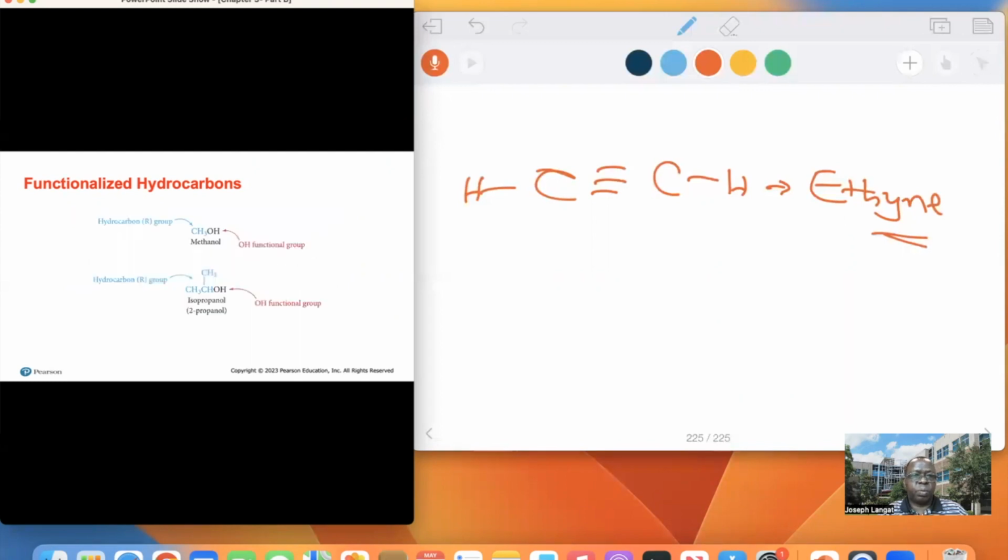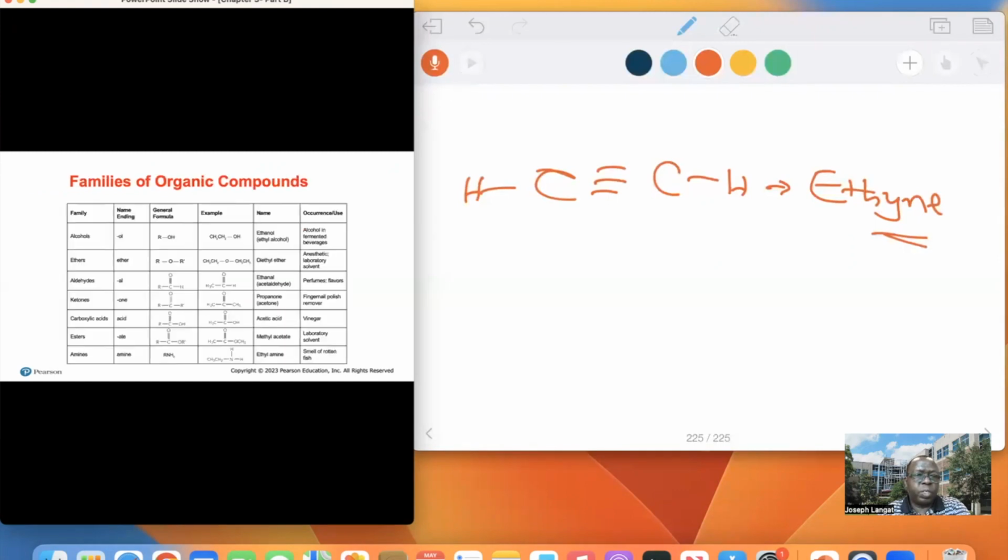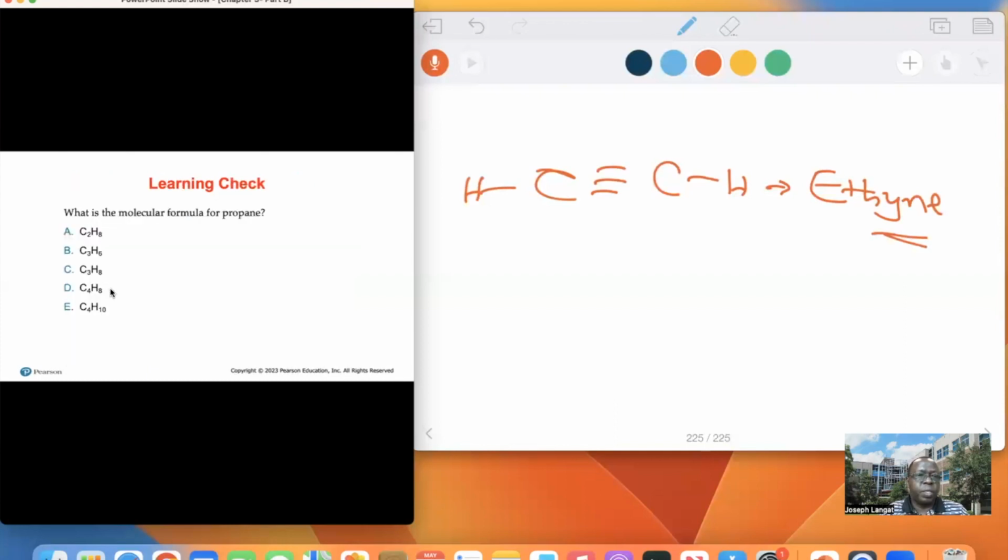In alcohol, OH is a functional group. The hydrocarbon can be a long chain, but the most important thing is that OH is a functional group. We have other functional groups, a double bond, a triple bond. You need to know the functional group for each.